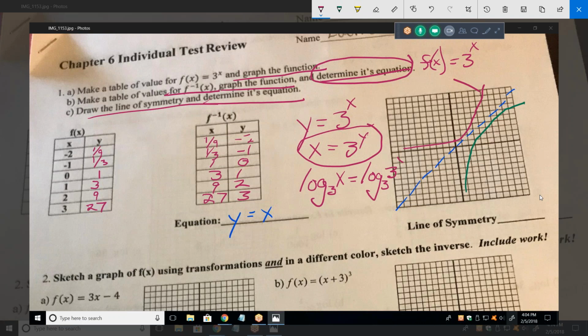Now the key is what happens to the right side? What is the log base 3 of 3 to the y power equal to? Equal to y.